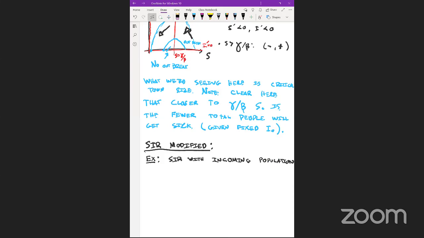So here we're just going to have S prime is equal to, well, we're still going to have our people getting sick, but now we're just going to add a flat incoming population D. And I prime equals beta SI minus gamma I.